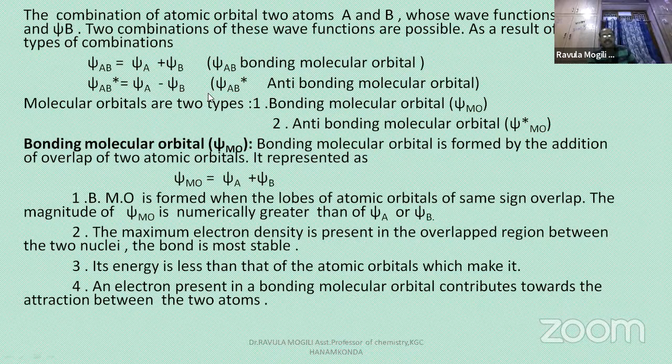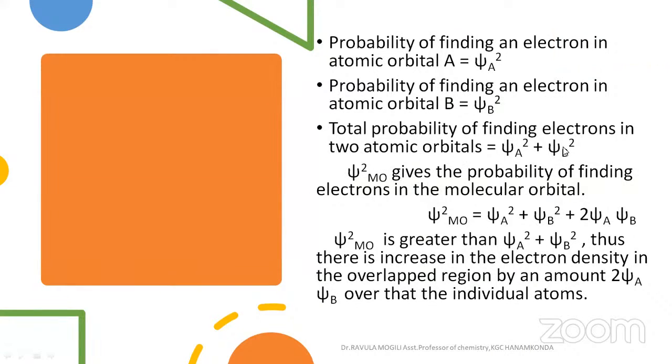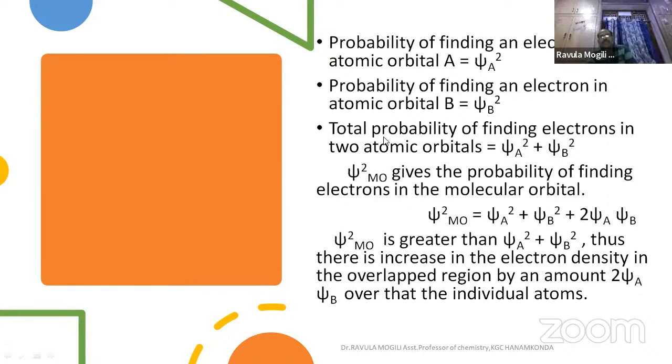I will take one example. The probability of finding an electron in atomic orbital A is psi A square. The probability of finding an electron in atomic orbital B is psi B square. That is involved in the A plus B whole square principle.